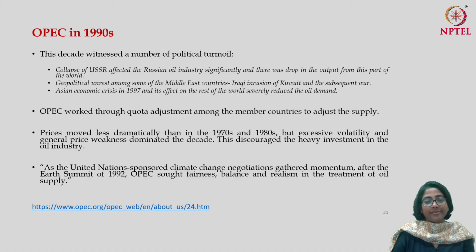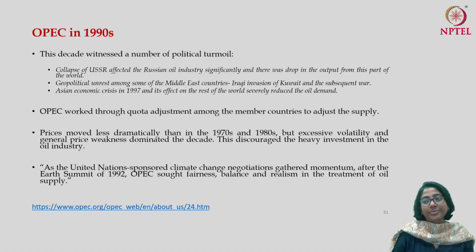The last point that I have here is taken directly from OPEC's website. It says that as the United Nations sponsored climate change negotiations gathered momentum after the Earth Summit of 1992, OPEC sought fairness, balance, and realism in the treatment of oil supply.